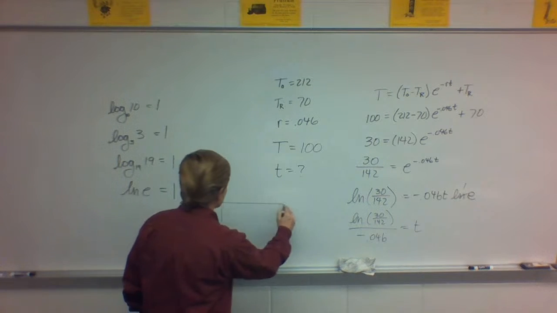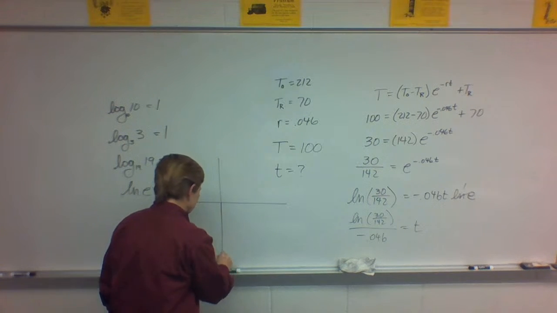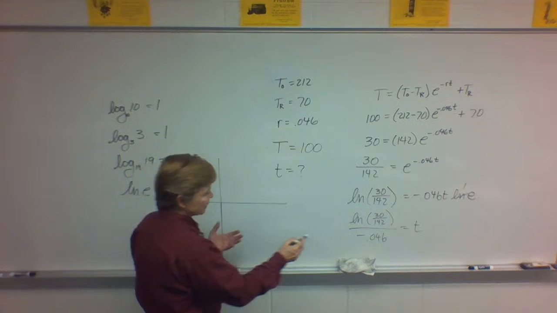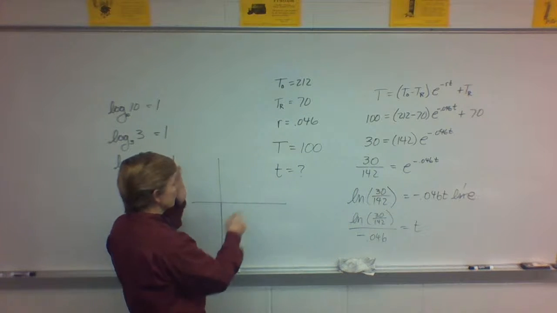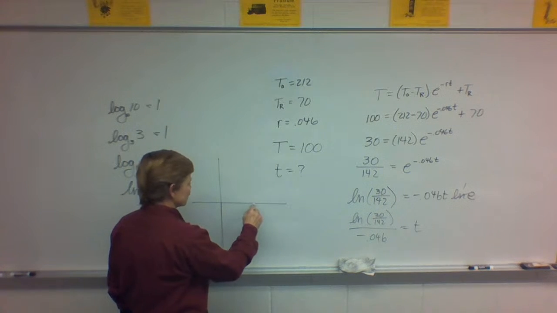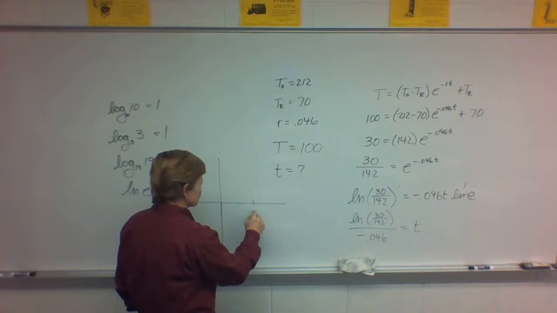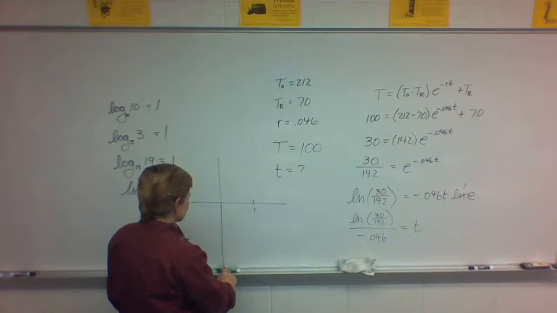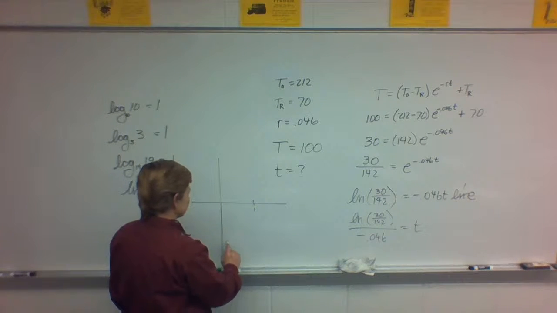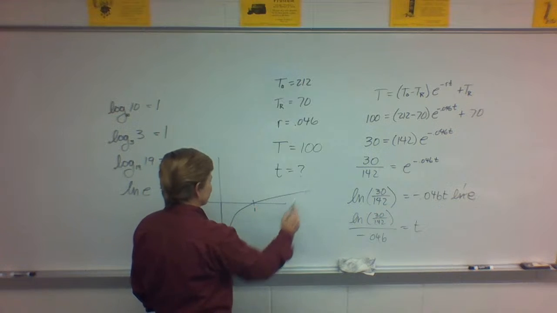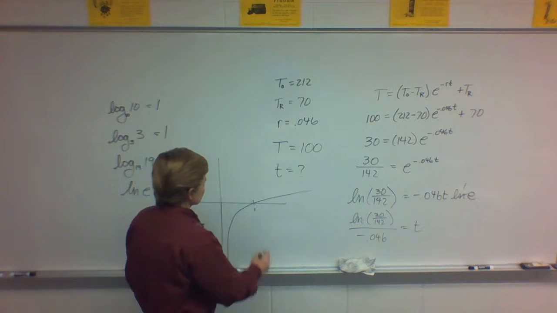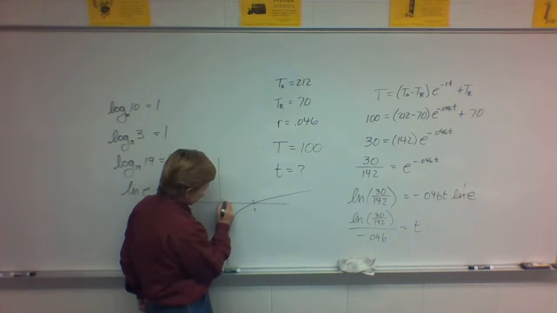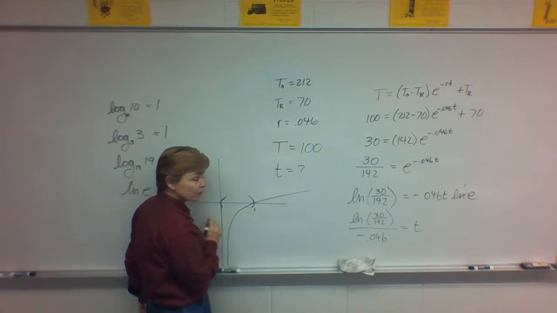Any log curve that hasn't been embellished or moved around will always cross at 1. I'm going to put it way out here so that you can see it. This is a 1 right here, and the log curve hugs this really tight back here. As it comes up, it'll cross right there and go out that way. So anything in this range of values, from 0 to 1, would be proper fractions.